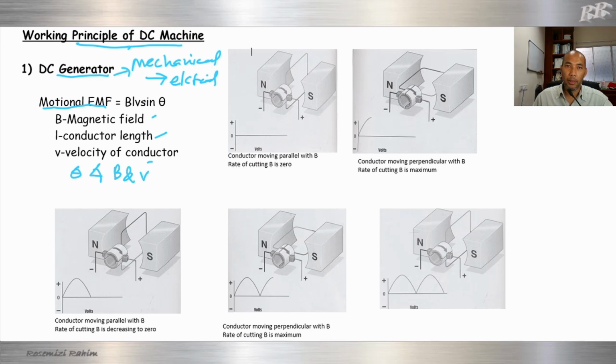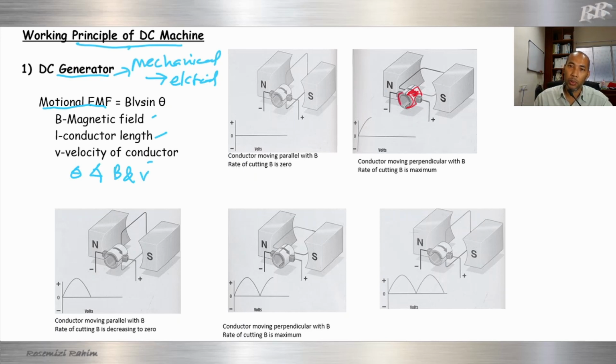Okay, we have the half commutator. Sometimes they call them slip rings, half slip ring and half slip ring.